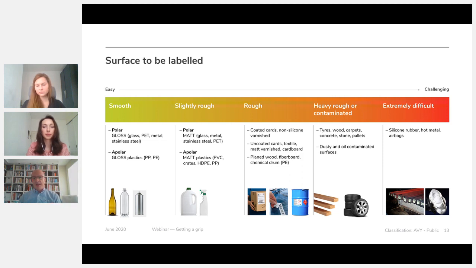And if you take it further to the right, then we talk about contaminated surfaces with, for example, dust and oil, but also moisture can be seen as a contamination to some extent when we are applying an adhesive to a substrate. And then on the very right-hand side, we talk about very difficult substrates such as hot metals and silicon rubbers.